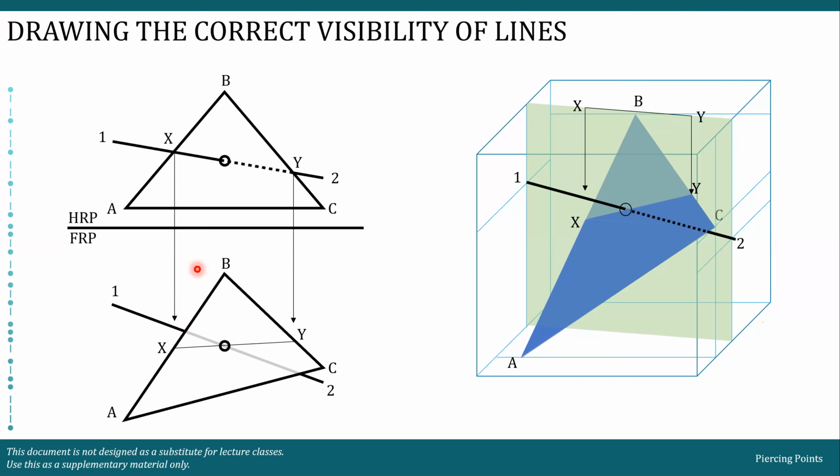In this case, nung pinroject natin tong point na to, makikita nyo dito yung 1, 2 before nyo makita yung AB. Tama ba? So ibig sabihin, from this point up to the piercing point, visible yung line, kasi mas mataas yung line compared dun sa plane.